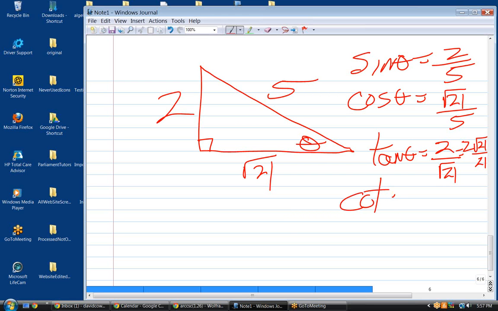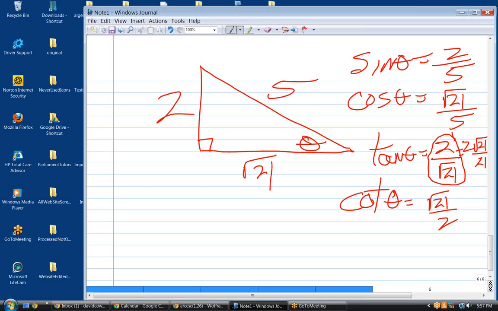Cotangent of theta would be root 21 over 2. And that's why it's not always good to rationalize. It's sometimes good to write it down just so when you have to do the cotangent, you can do it immediately.